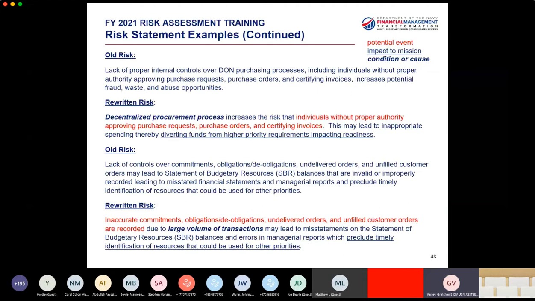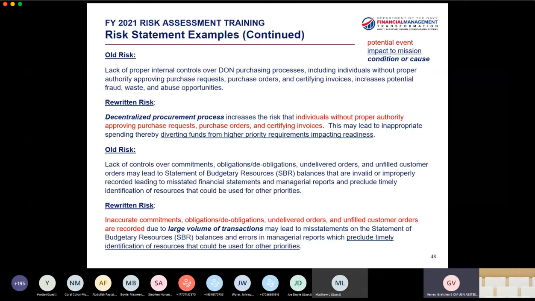So for this one, the rewrite: inaccurate commitments, obligations, de-obligations, undelivered orders, and unfilled customer orders are recorded due to a large volume of transactions, which may lead to misstatements on the statement of SBR balances and errors in managerial reports, which preclude timely identification of resources that could be used for other priorities.